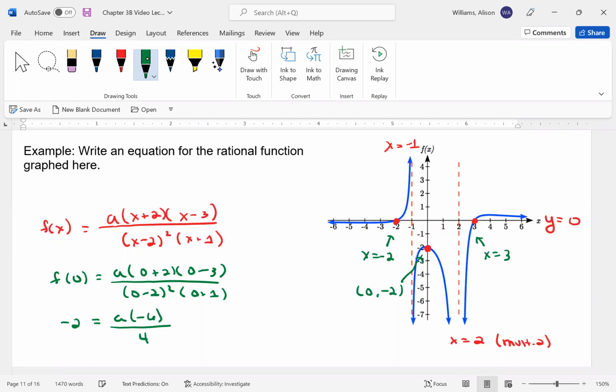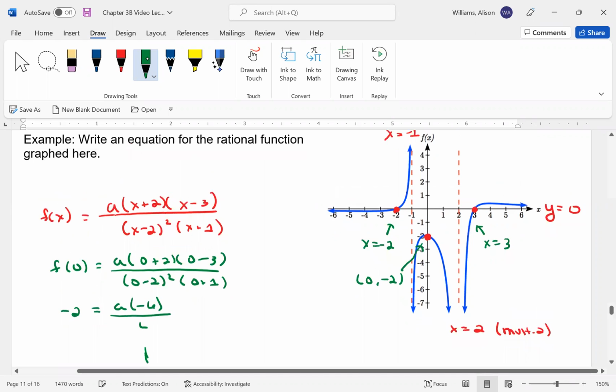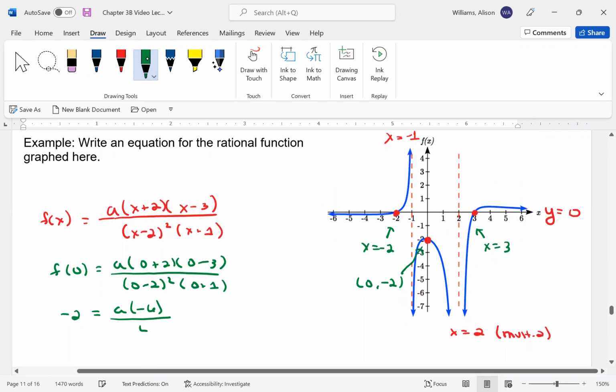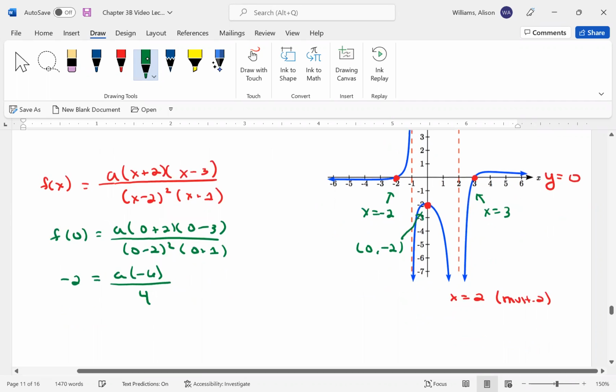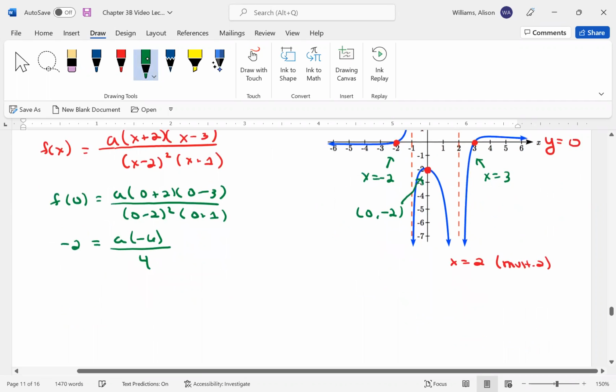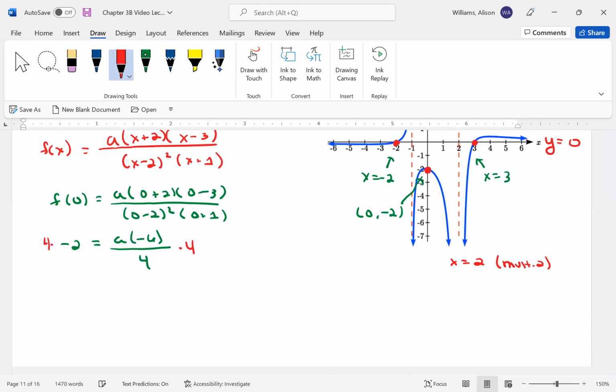So I'm going to multiply the 4 onto the other side. Okay, multiply the 4 to the other side. And I'm left with -8 equals -6A. So A comes out to 4/3.